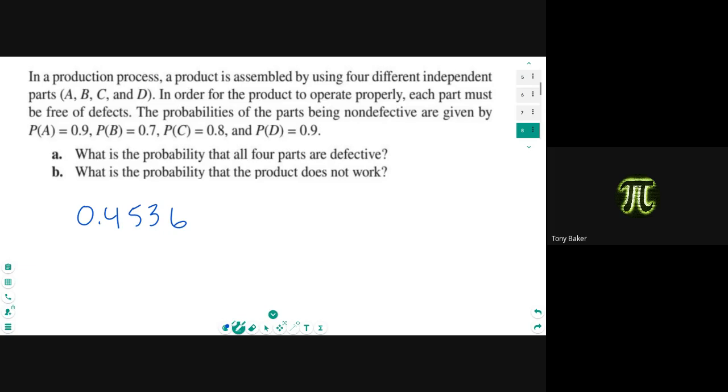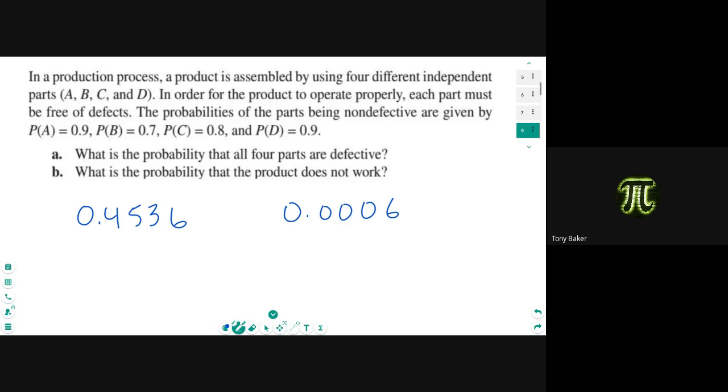I got 0.0006. Okay. Anybody get anything else? Did anybody else get 0.0006? Okay. The 0.0006 is correct.